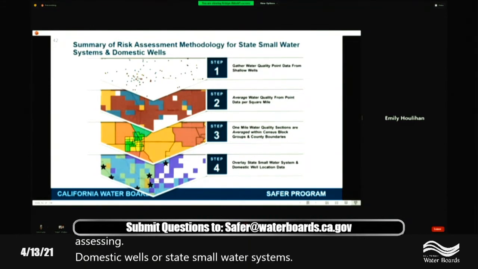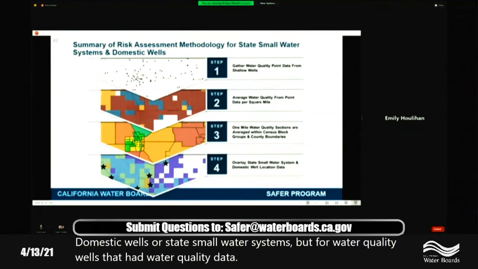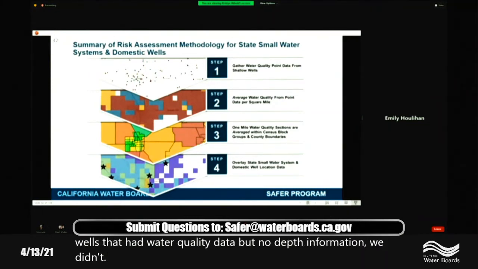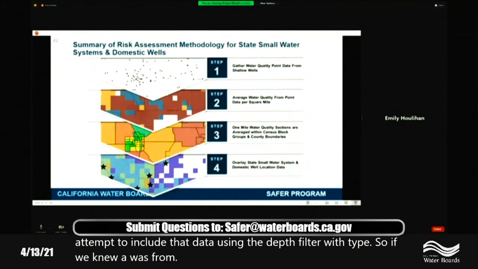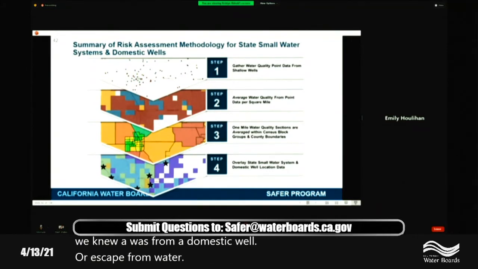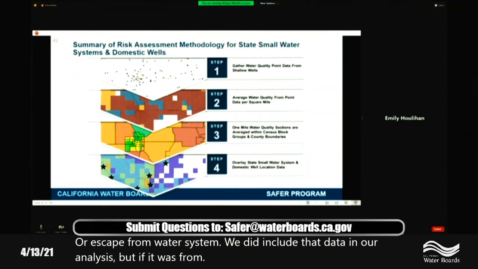But for wells that had water quality data but no depth information, we did attempt to include that data using the depth filter with well type. If we knew a well was a domestic well or from a state small water system, we did include that data in our analysis. But if it was from a public well with unknown depth, we looked to our depth filter to see whether or not we should include it.